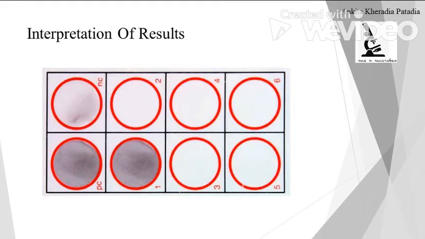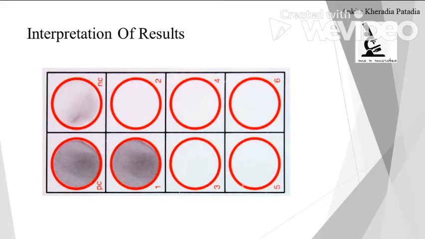You can see that here we have the positive control, negative control, and test. The test is positive, and this type of floccules you can observe. In the negative control, no floccules are there, and in the positive control, floccules are there. To check that the test is positive, you can compare your test result with these controls.